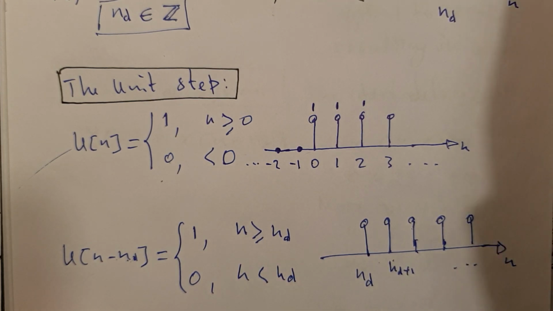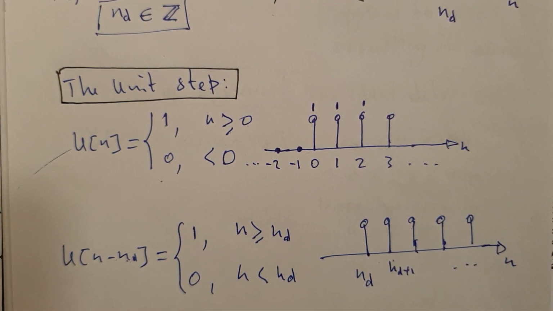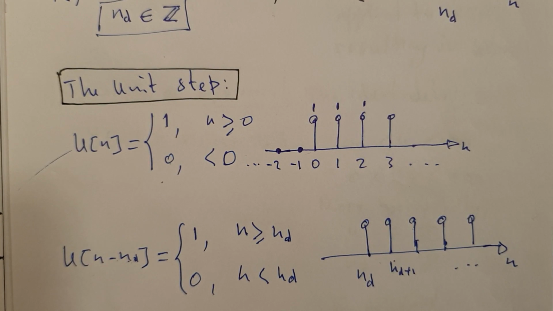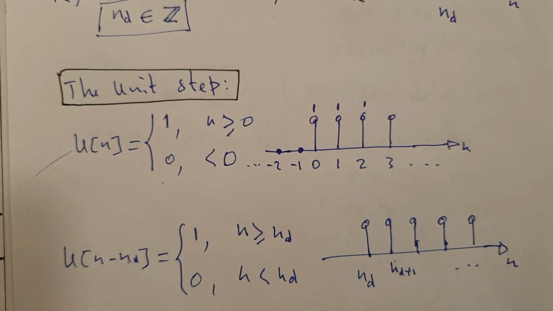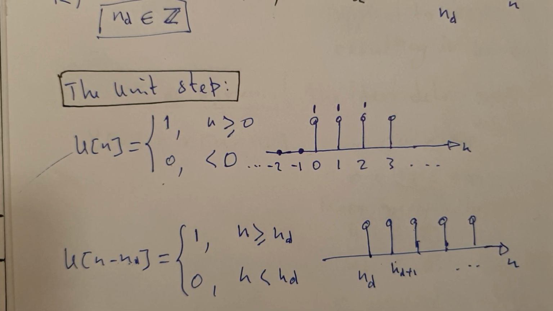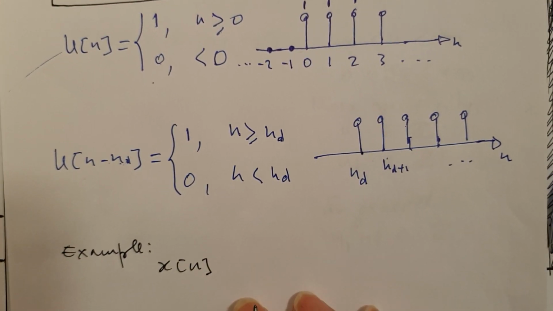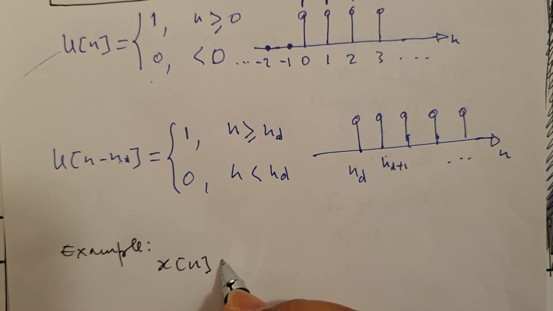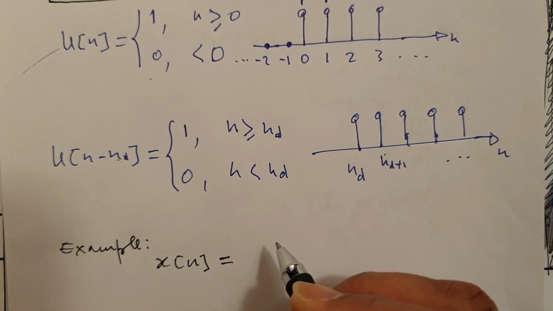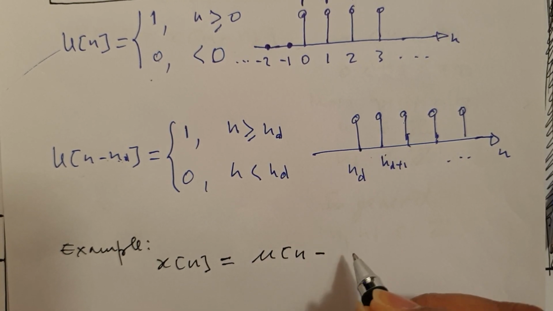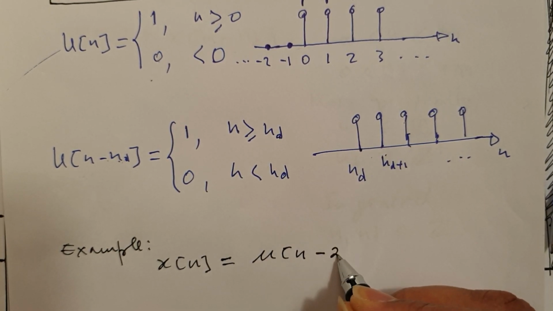If I give you an example here, I have a signal that I will call x of n, and I'm defining it as u of n minus 2, for example.